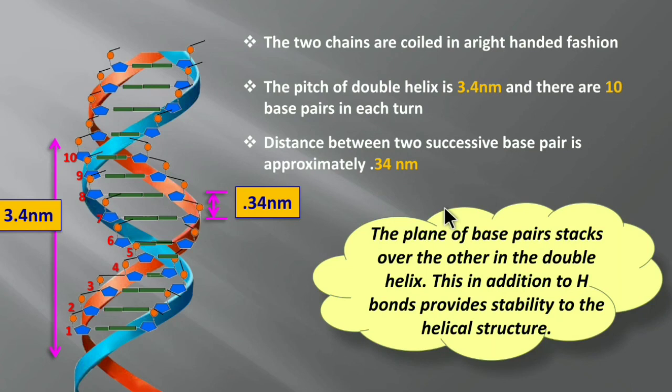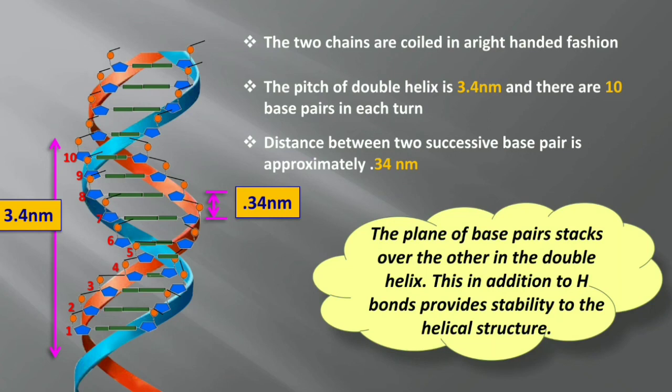I'll repeat once again. The first one, it is made up of two polynucleotide chains. Second, the two chains have antiparallel polarity. Third, the bases of the two strands are held together by hydrogen bonds, forming base pairs. Fourth, the length of one complete turn is 3.4 nanometer, and in one complete turn, how many base pairs are present?